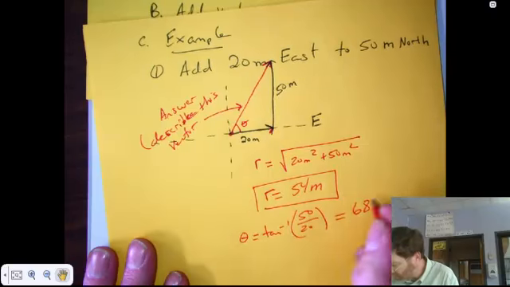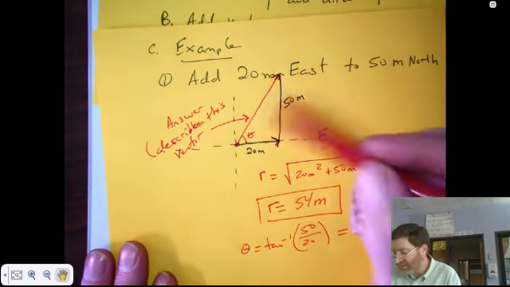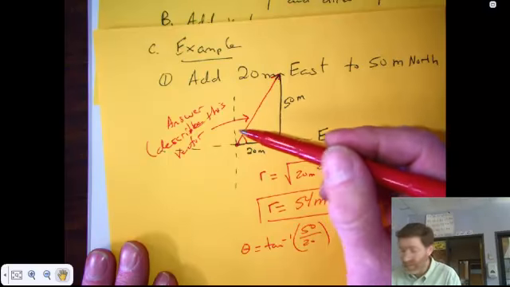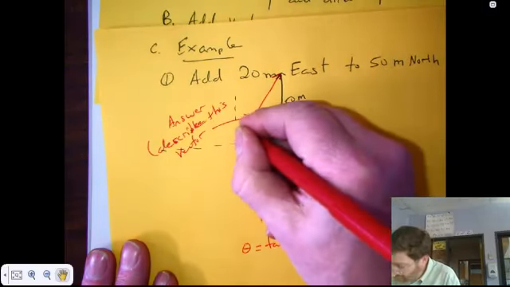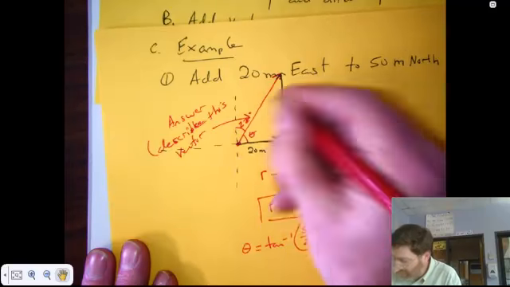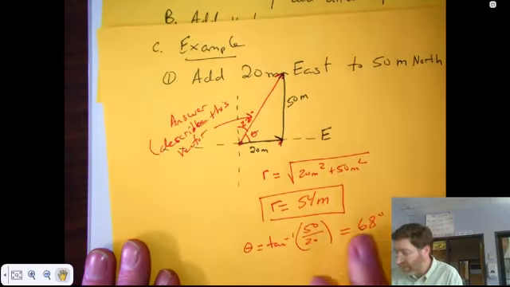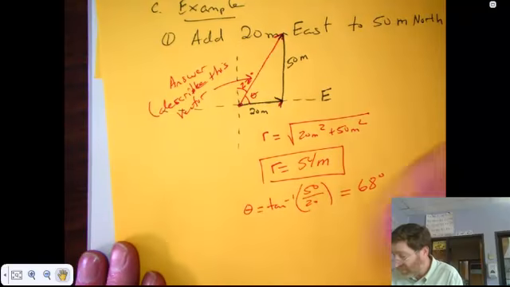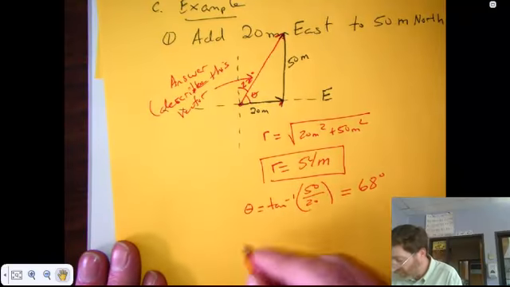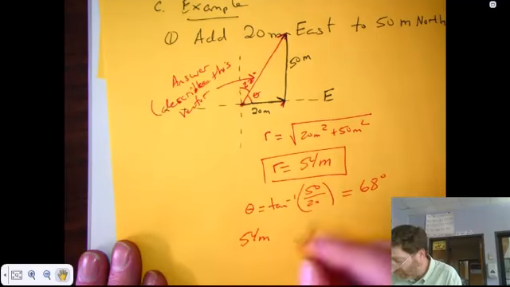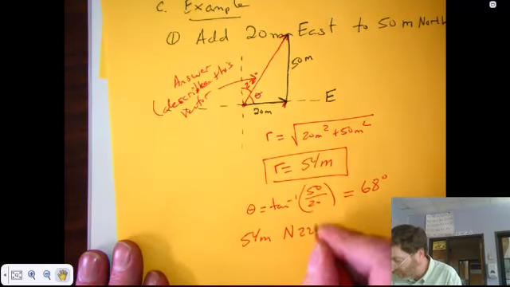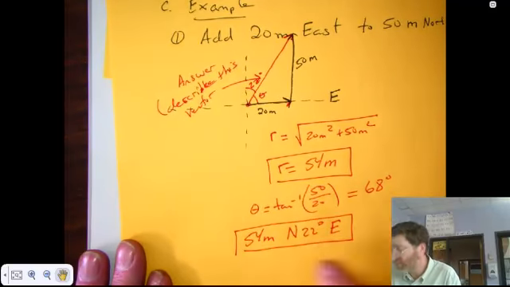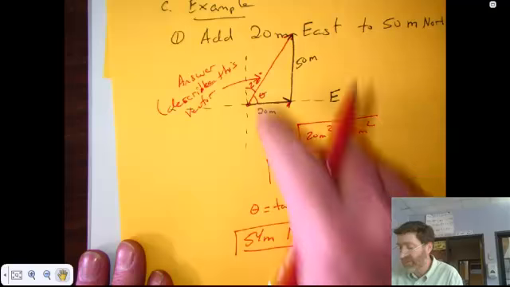Now I have to find the angle from the north, so I need this angle here, which is 90 minus 68, or 22 degrees. So the answer is 54 meters, north 22 degrees east. That describes that vector.